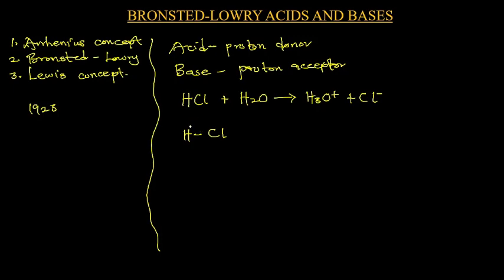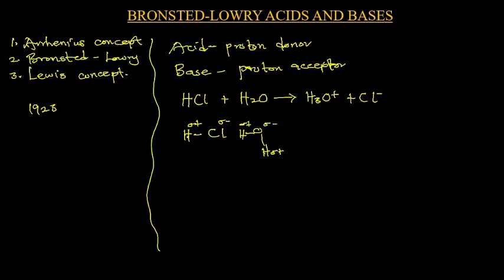And so hydrogen is going to have a partial positive charge, and the chlorine will have a partial negative charge. Now, water is also polar. It also has a partial positive charge on the hydrogens and a partial negative charge on the oxygen.